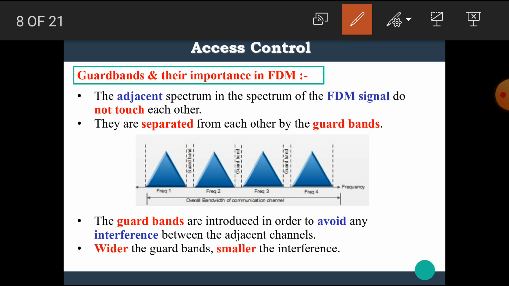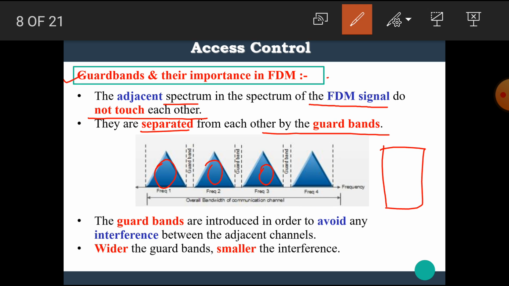Let's see the next concept: guard bands and their importance in frequency division multiplexing. The adjacent spectra in the frequency division multiplexed signal do not touch each other. They are separated from each other by guard bands. This is frequency 1, this is frequency 2, this is frequency 3, and these frequencies originate from the same source. For example, here four frequencies are shown.